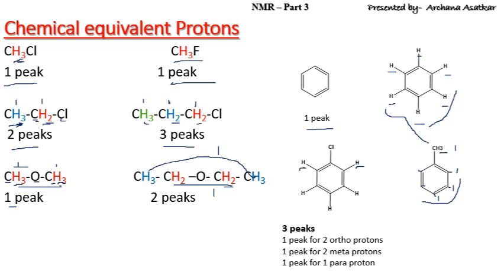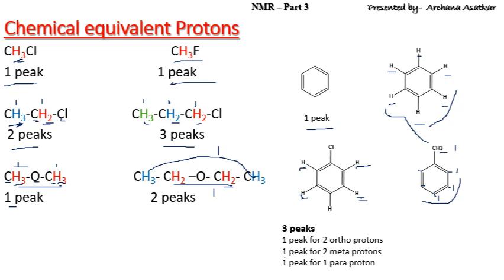The meta protons are in the meta position to the chlorine, attached with hydrogen on one side and with the double bond, and at the ortho position they are having hydrogen.